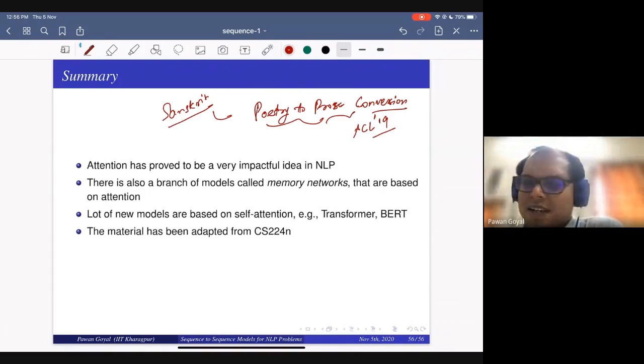And of course, we are handling various problems like dialogue models, etc. with this. So I think this was all I had to say.